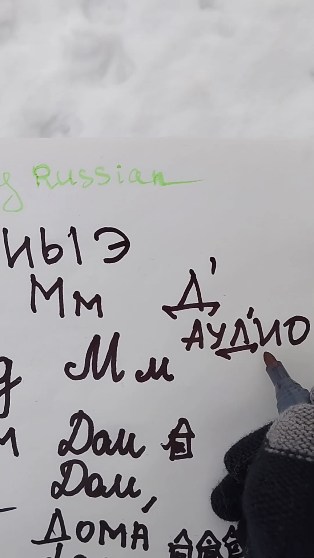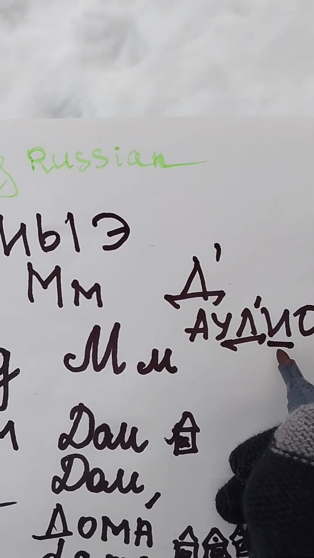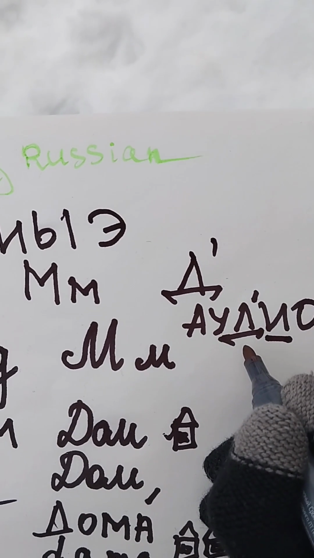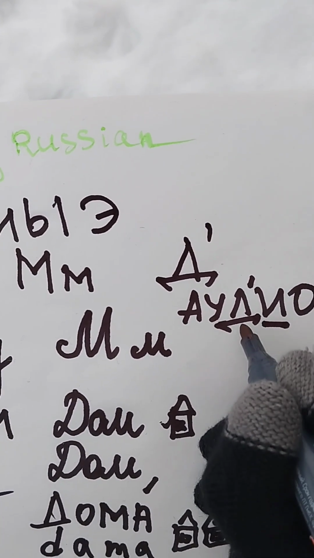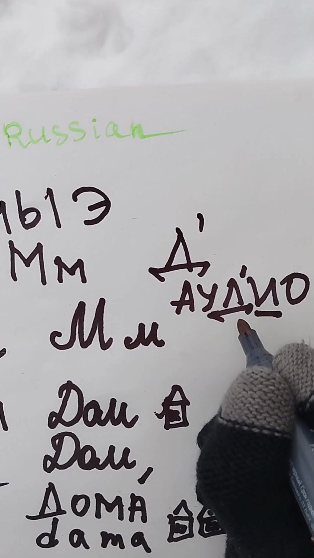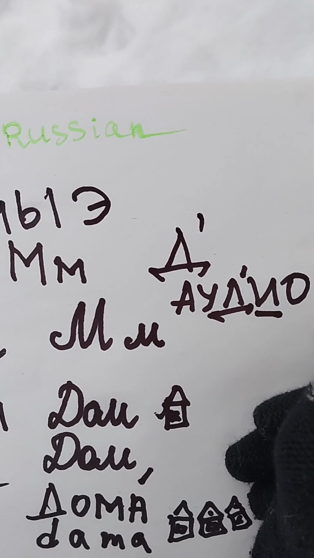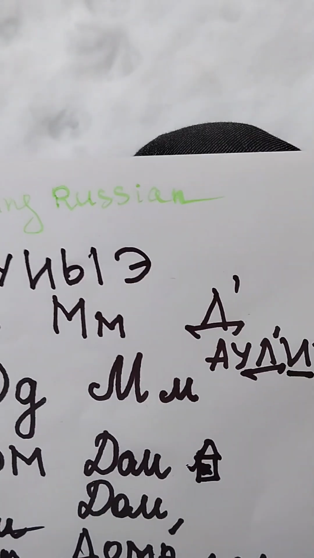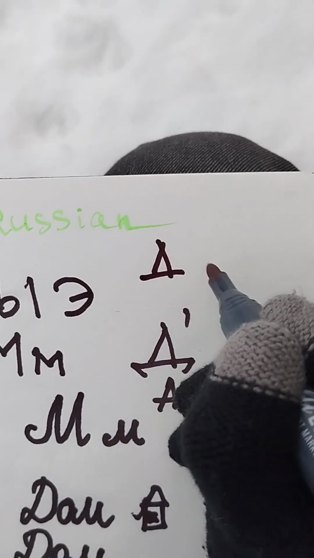If you see E after D, it means that D will always be soft here. Audio. Let's look at another example. Disc.